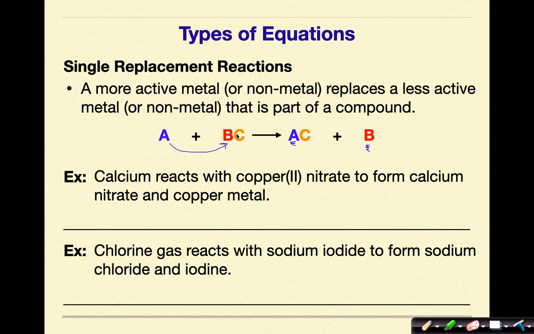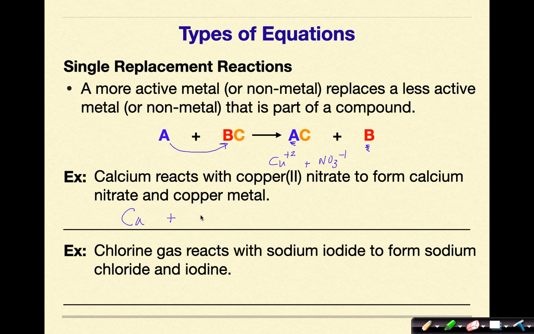We also have to note that BC is a compound. Therefore, species B must be an ion when in that compound. Let's look at an example that illustrates a single replacement reaction. Calcium reacts with copper 2 nitrate to form calcium nitrate and copper metal. We note that calcium is a free element, reacts with copper 2 nitrate, which is Cu plus 2 and a nitrate polyatomic ion.